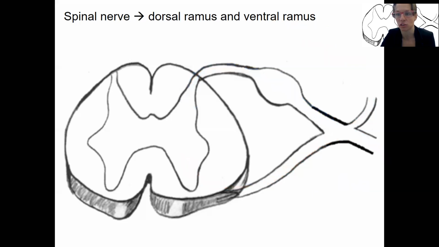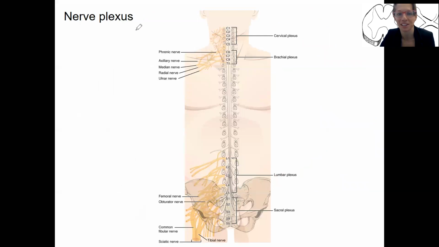So let's look at the nerve plexuses. There are actually 4 different plexi. I don't actually know if it's plexus or plexi. And again, we're not going to be learning a ton of detail on them, but they are going to innervate the cervical region, brachial region, lumbar region, and sacral region.